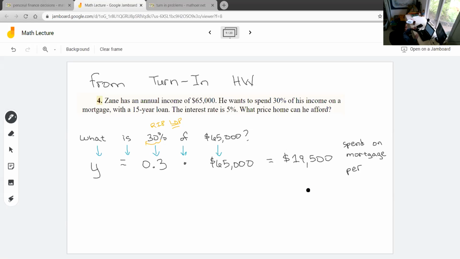Do we have to do something? We have to do one more step. Is it divided by 12? Yes, perfect. Thank you, Donna. This is his annual income. So this is his annual mortgage amount. This is what he wants to spend on his mortgage per year. So we need to do a divided by 12.